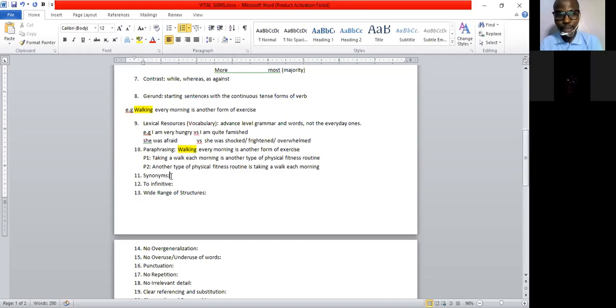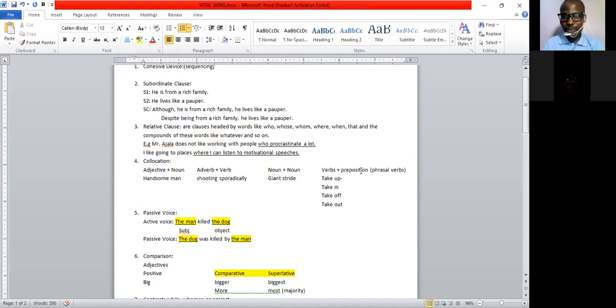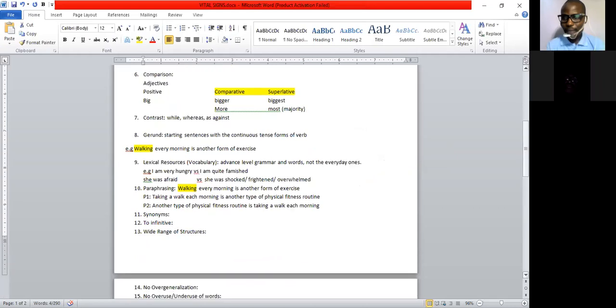Okay? Now, another major thing IELTS is big on is synonyms. That was what I was trying to drive at when I was teaching you verbal verbs and verb and preposition collocation. I was trying to teach you how to build your synonymical vocabulary such that it will be easy for you to draw from a pool of synonyms whenever you are writing or reading.